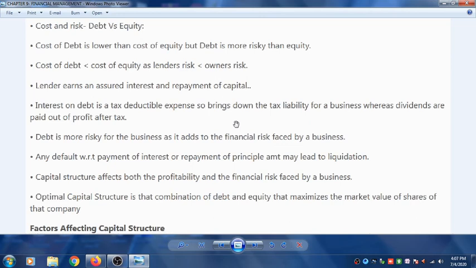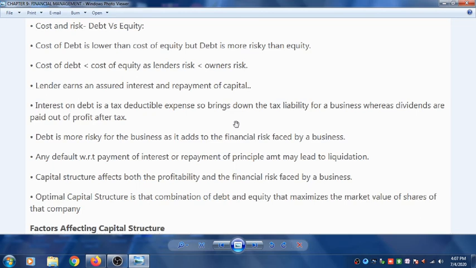Optimal capital structure is that combination of debt and equity that maximizes the market value of the shares of the company. So what is the optimum or optimal capital structure? What is the best capital structure? That is the mix of the debt and equity.